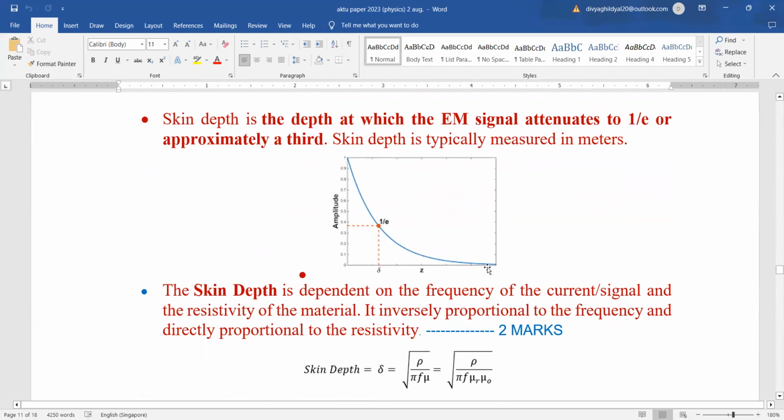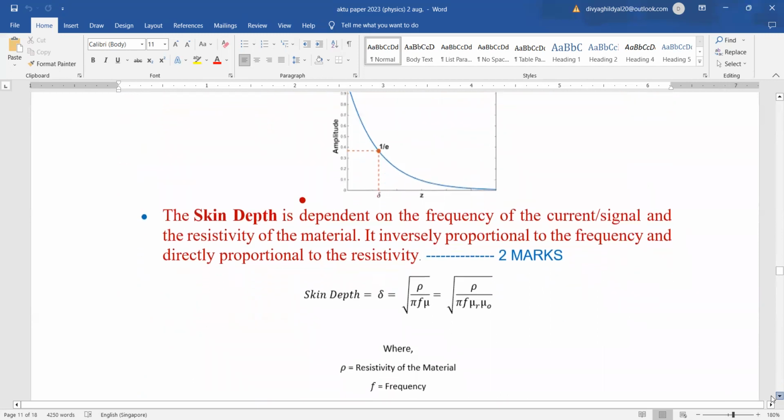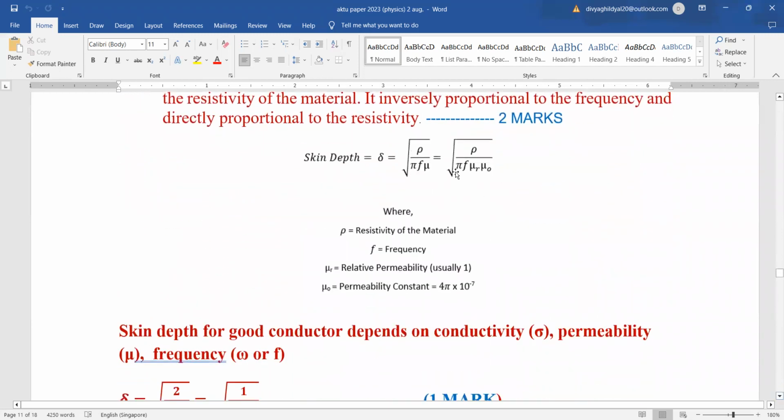There are many formulas for skin depth. The most common one you can pick up is that skin depth is equal to the square root of rho upon pi f mu, where rho is the resistivity of the material, f is the frequency, and mu is the relative permeability.